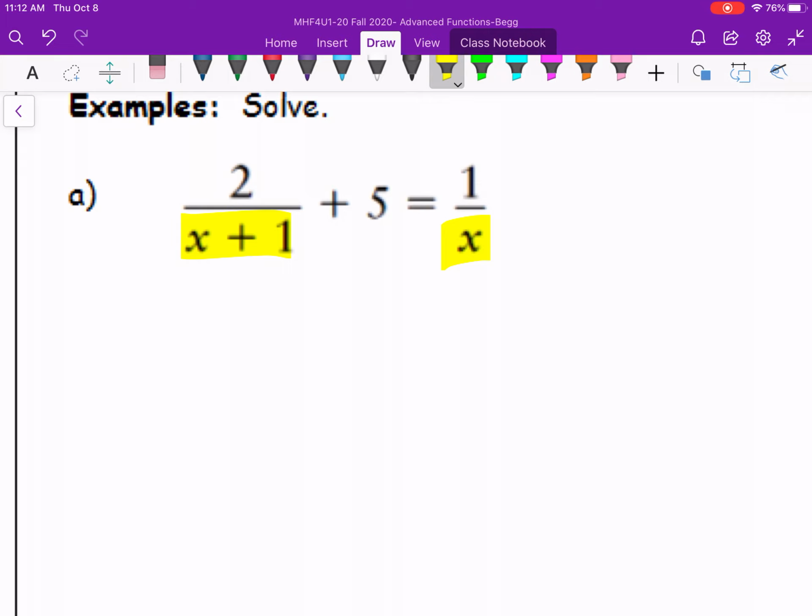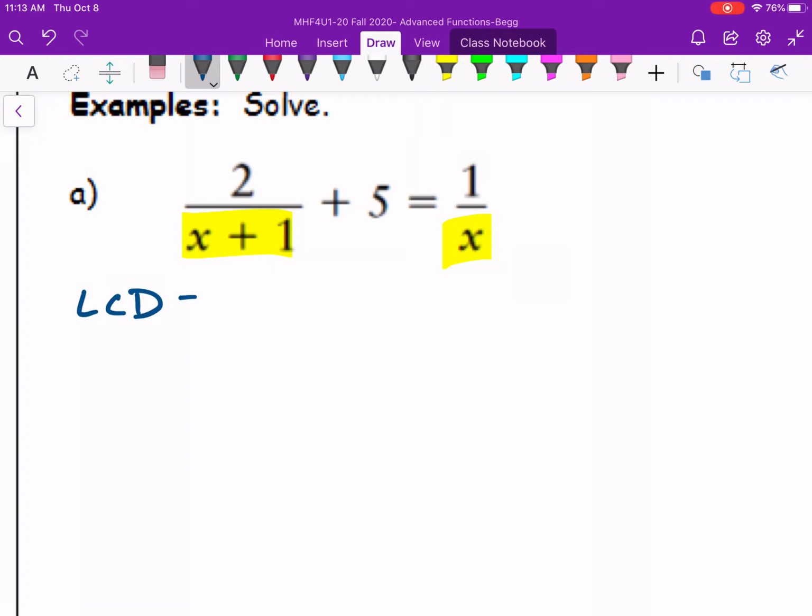So the way we could change this into a common denominator is to multiply these denominators that we already have together. Now I need you to listen very carefully to what I'm about to say. When we have something like x and x plus 1, we have to take the x plus 1 as a unit, all together.